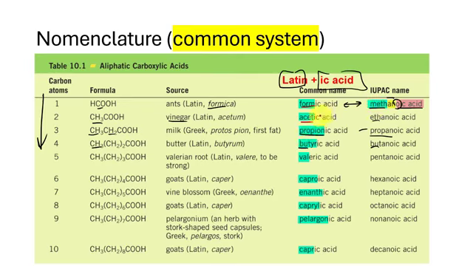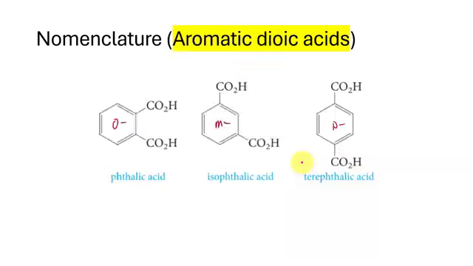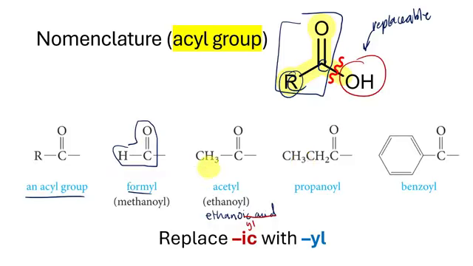Utilizing the Latin names, you just have to remember these equivalents. For meth it's form, for eth it's acet, for prop it's propion, for but it's butyr, for pent it's val, and the pattern continues. That is why ethanoyl is also known as acetyl, and methanoyl is also known as formyl. So it's derived also from the common name of the compound.